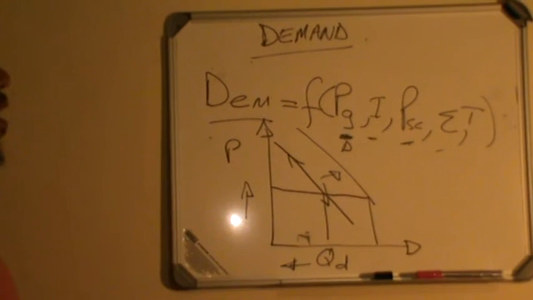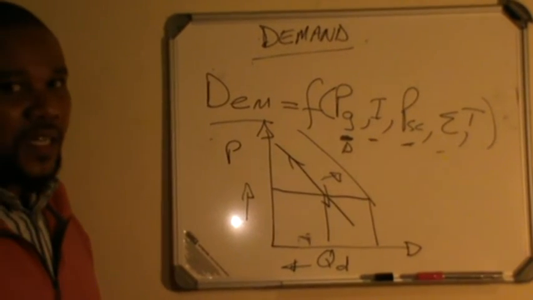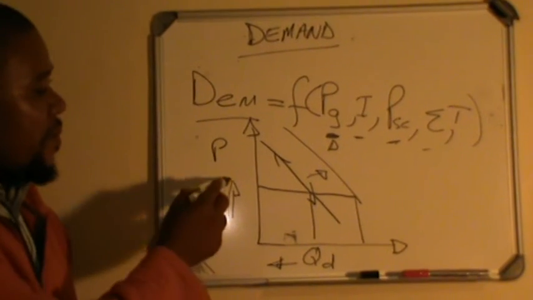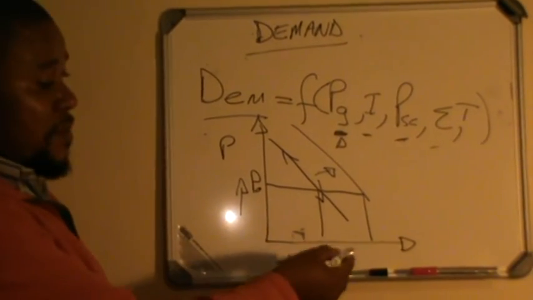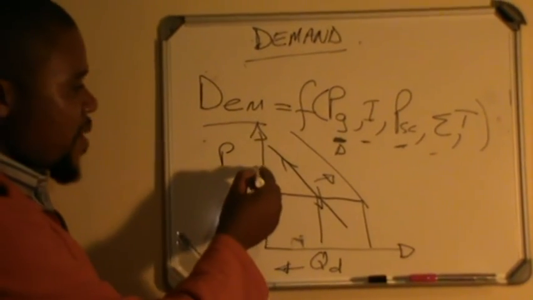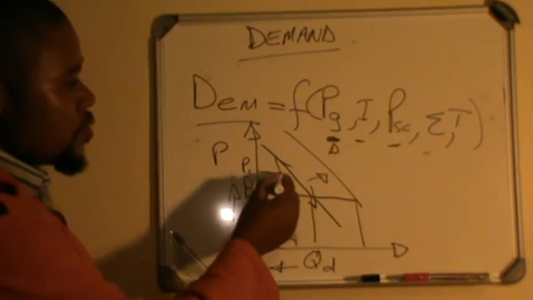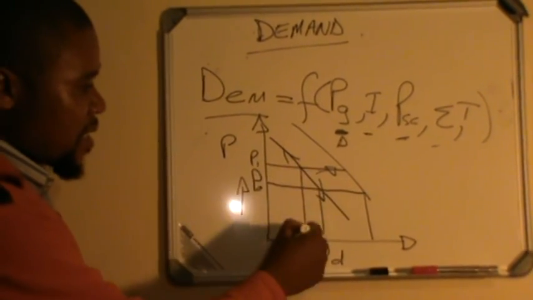That makes sense. If your income increases, it should make sense anyway. If your income increases but the price stays the same, well, you should be demanding more quantities of a particular good. So at each price level, you have an increase in the quantity demanded.